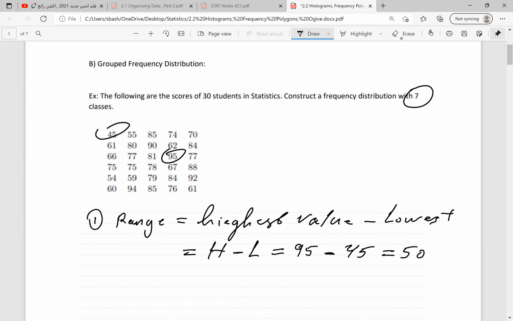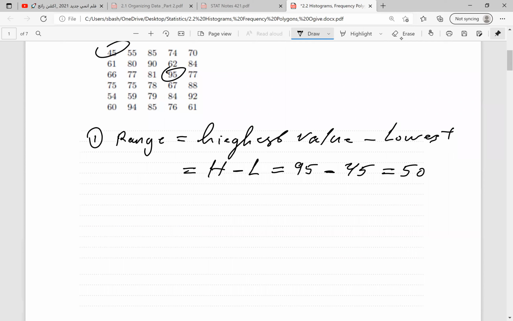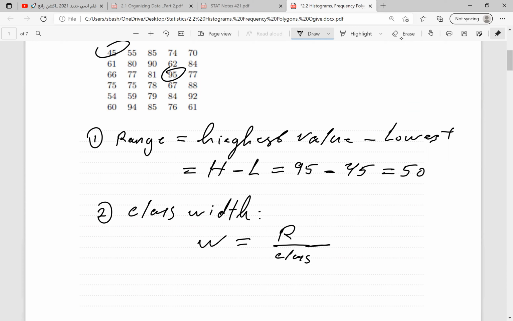Why do we need the range? The range of the data is used to find the class width. Class width is equal to R divided by the class number. That will be 50 divided by 7.